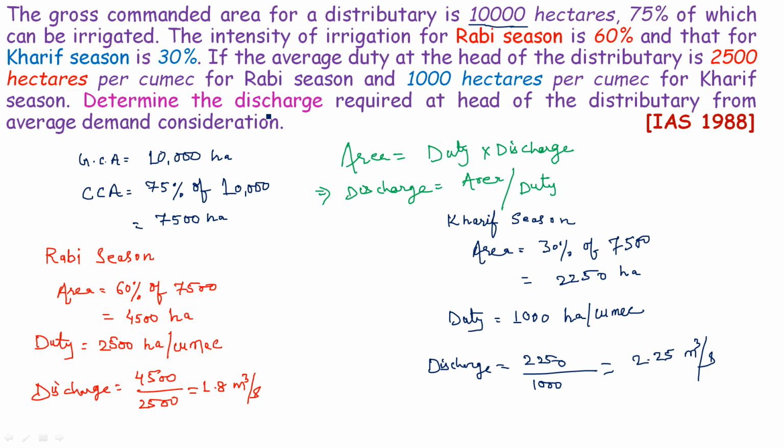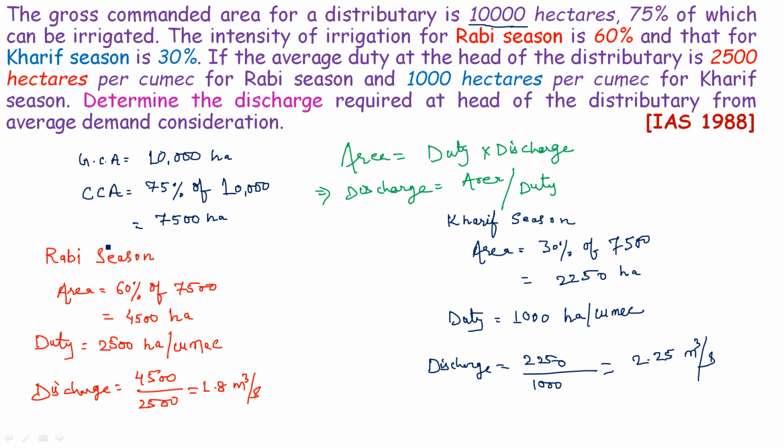So we need to design the canal for both seasons, because the discharge should be appropriate for Rabi season as well as for Kharif season. It means the water requirement for both seasons should be fulfilled.